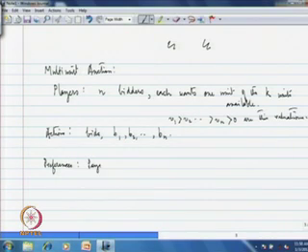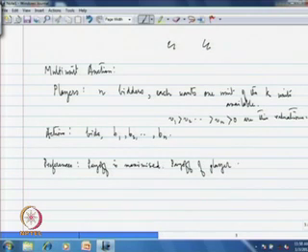Payoff is maximized. Payoff of player i, let us call it Ui, is equal to Vi minus B bar.